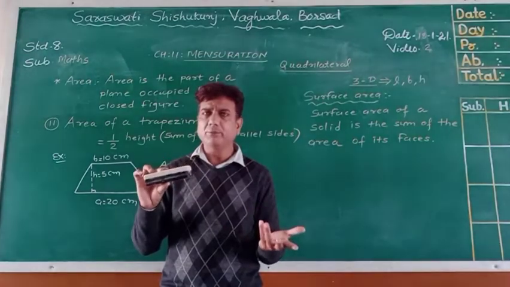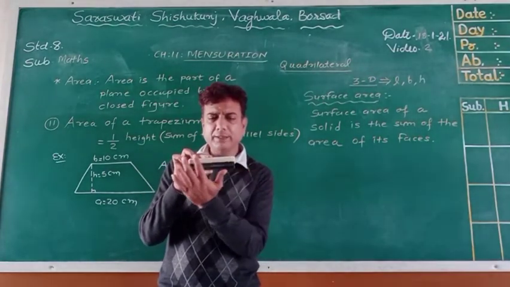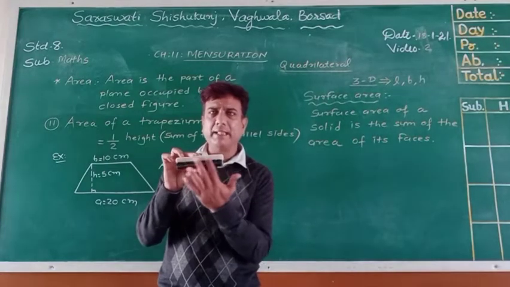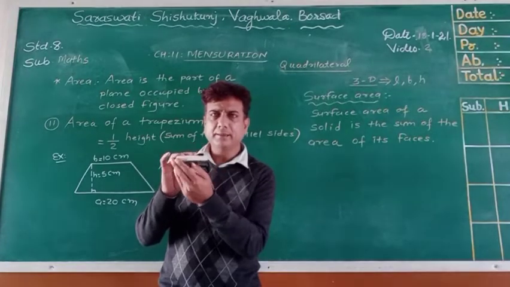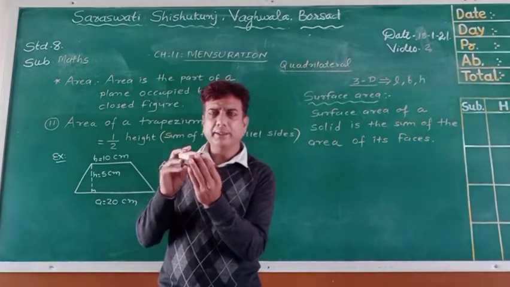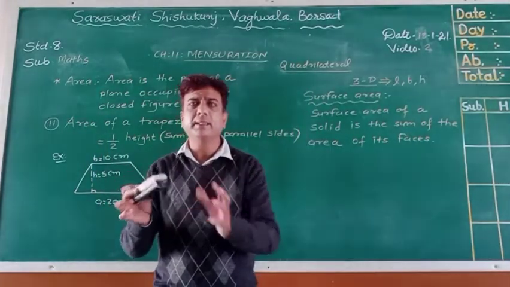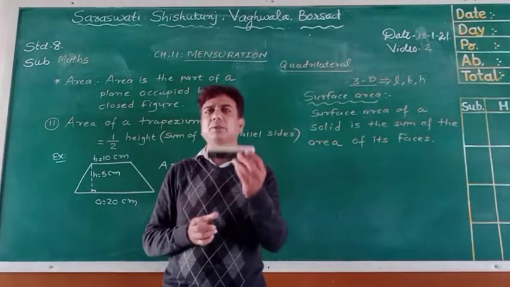Then how can we find it? Simply, easily. We can add the areas. First we will find this area, then the second area, third, fourth, fifth and sixth. The sum of the areas of all these 6 surfaces gives the total surface area of this solid.